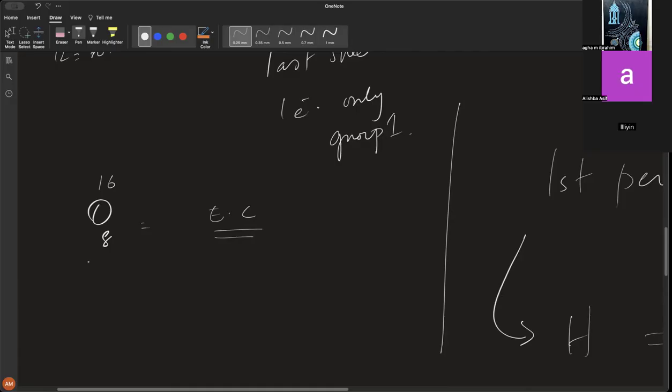Quickly, Eileen, which number are we going to take to make the electronic configuration of oxygen? 2, 6. Which one of these numbers did you take, the bigger one or the smaller one?